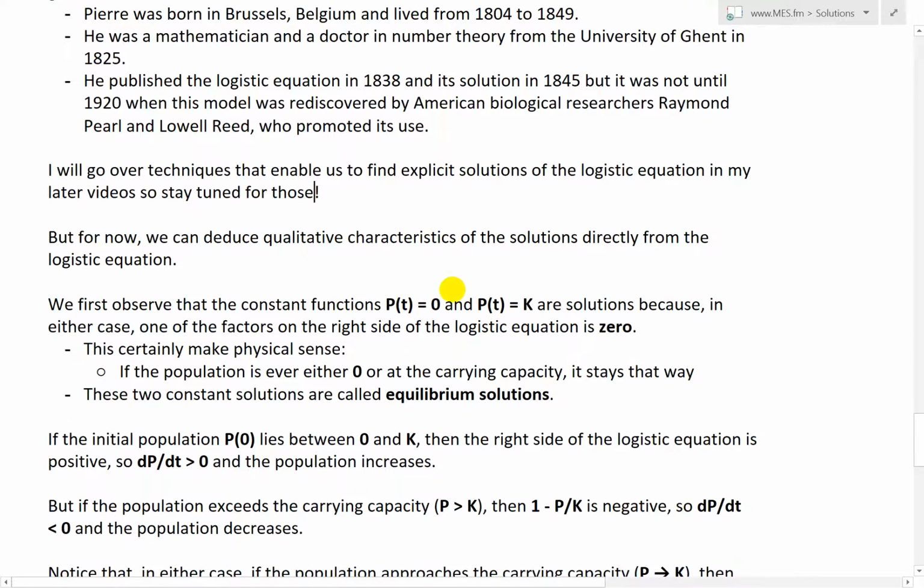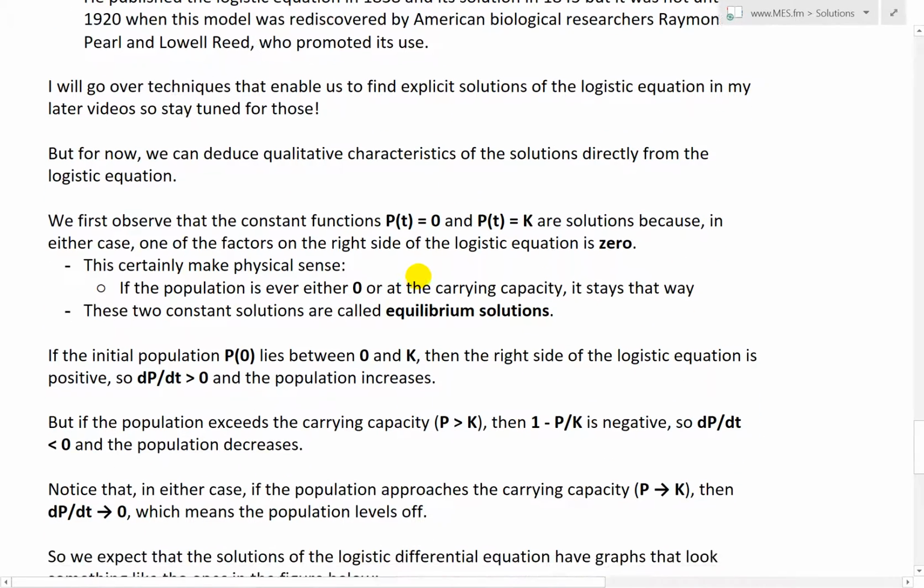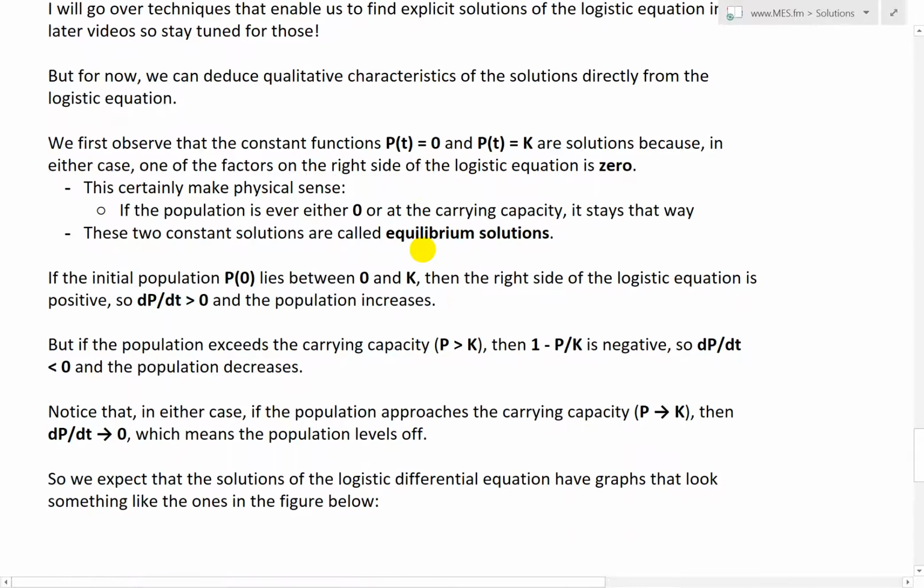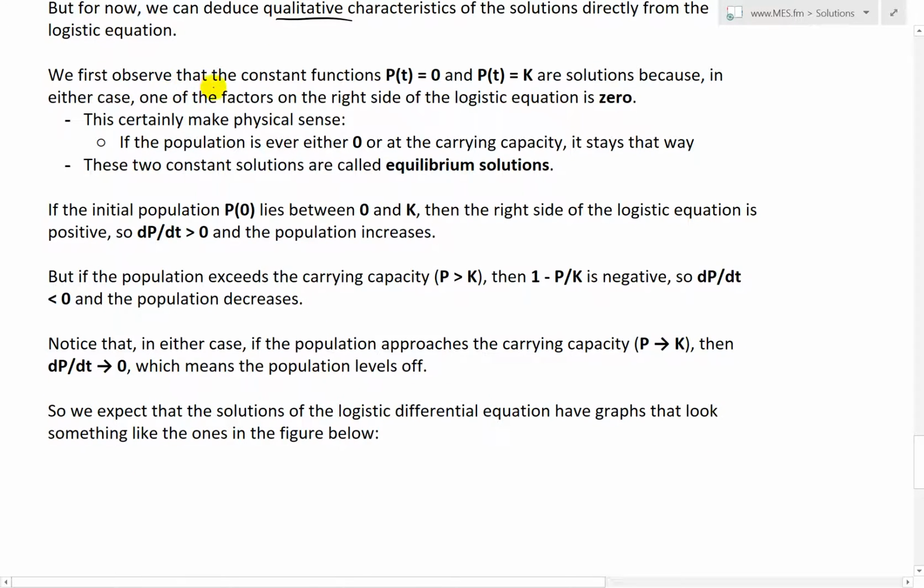The explicit solutions I'll do in later videos, but for now we can roughly estimate how the graphs of the solutions would look qualitatively by looking at that logistic equation. So we first observe that the constant functions P of t equals 0 and P of t equals K are solutions, because in either case one of the factors on the right side of the logistic equation is equal to 0.